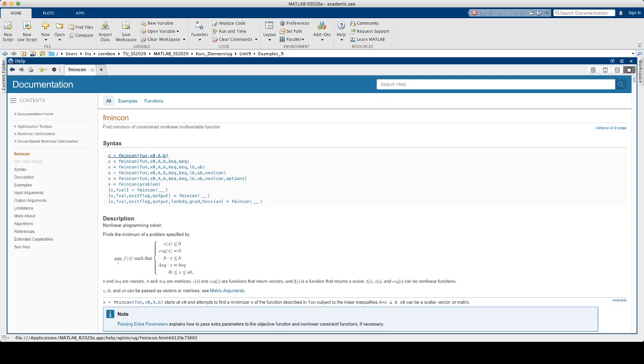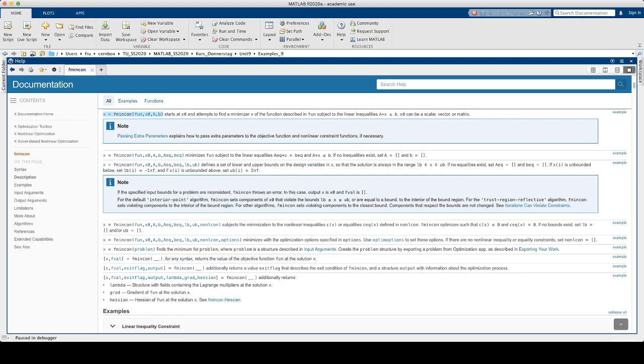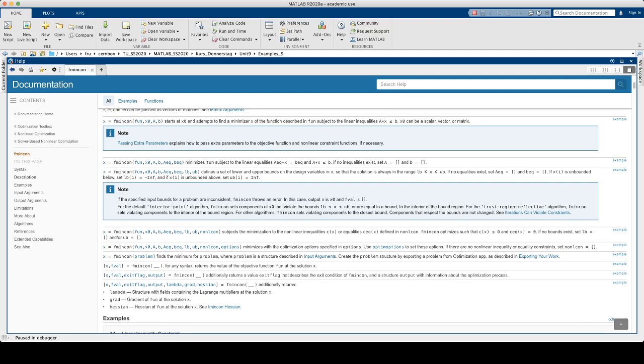So let me explain how you specify the constraints in the call to the minimizer. The simplest one is the one we are looking at in the first example, a linear inequality of the form A times x is less or equal than b.